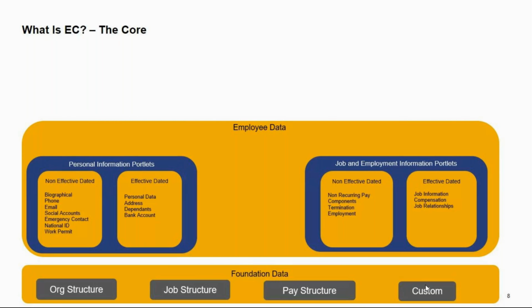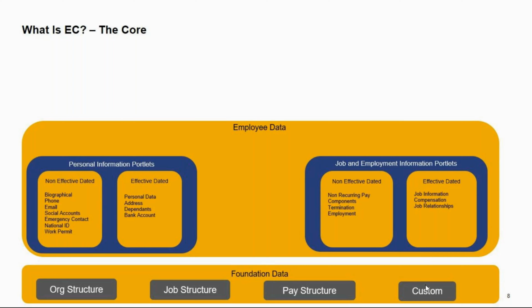For an effective dated portlet, every record that you create in the system, you should give the effective date, which is the start date of that record. There are some portlets which are not effective dated. You don't have to give the effective date because throughout your life you'll have only one record of it, like your biographical information where you store the date of birth details.